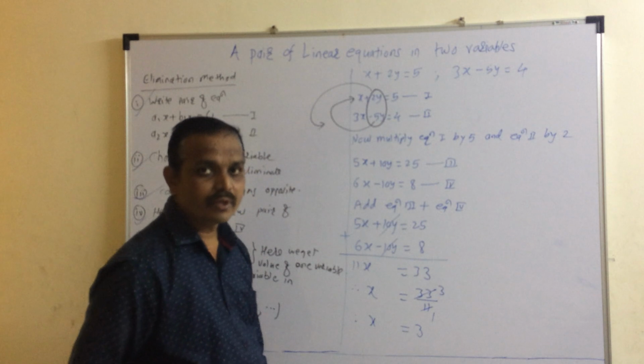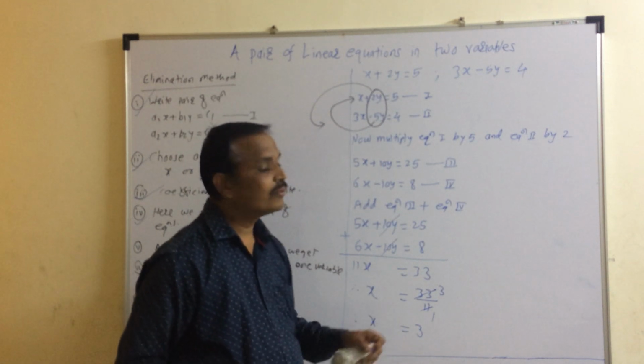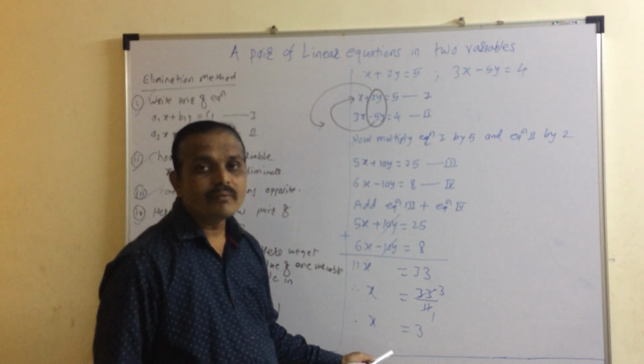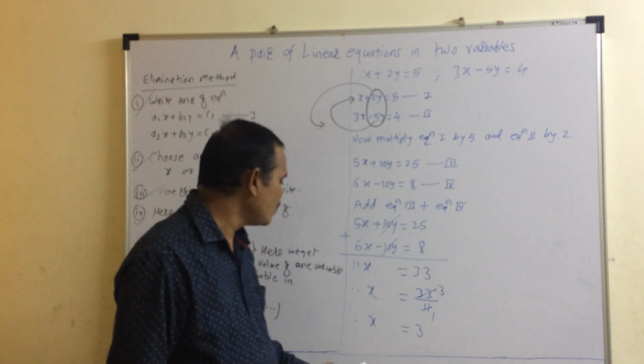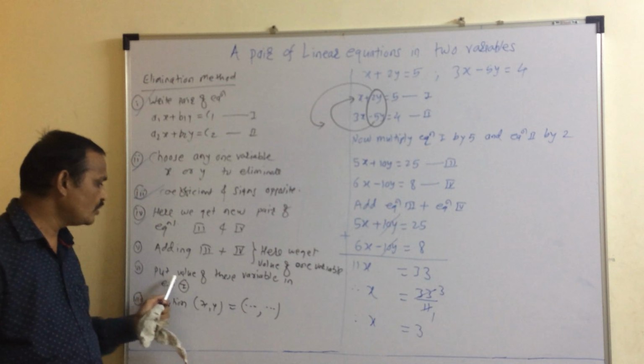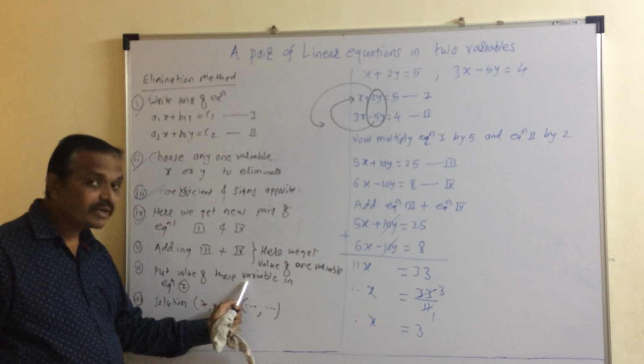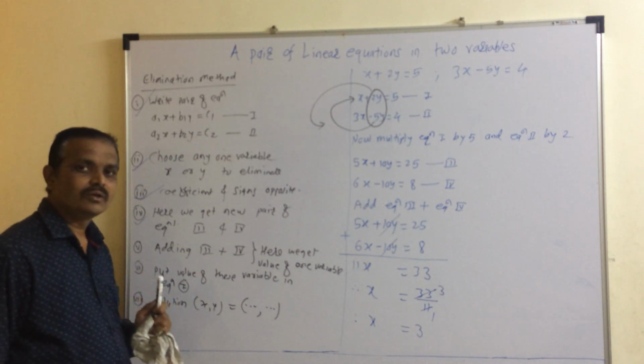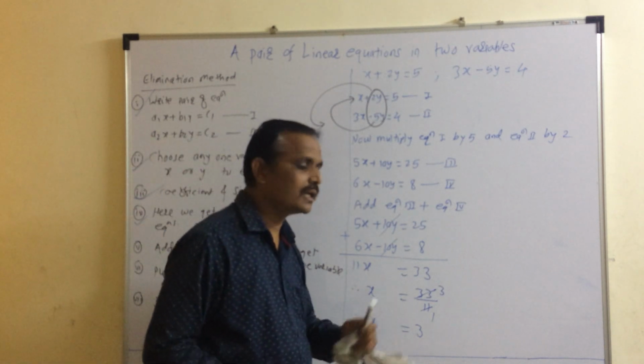In this way we get the value of one variable. Now we have to find the value of the other variable. How? By putting the value of this known variable in equation first to get the value of the other variable.